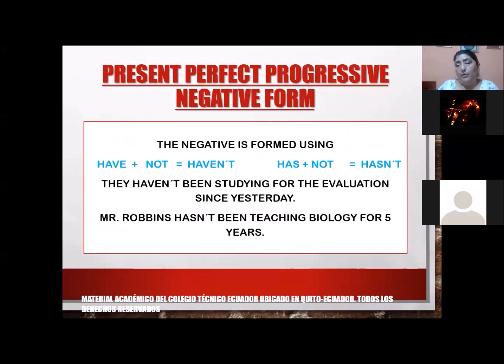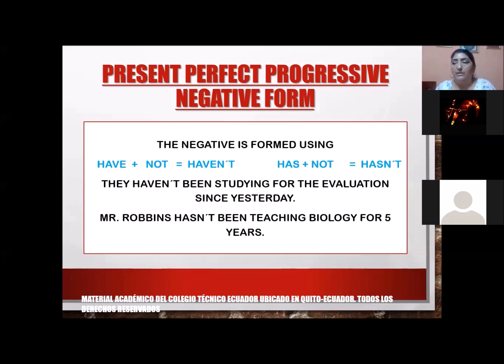The negative form, of course, if we have the auxiliary verbs, we have have plus not. Have not. We can use the full form. Okay, we don't have too much time.